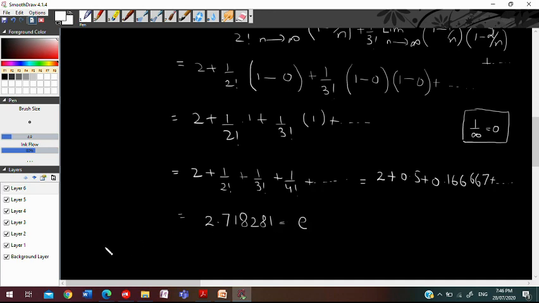So you can say limit n approaches to infinity, (1 plus 1 by n) power n is equal to this, because the value of e is approximately 2.7182. Now this is the proof of your first theorem.